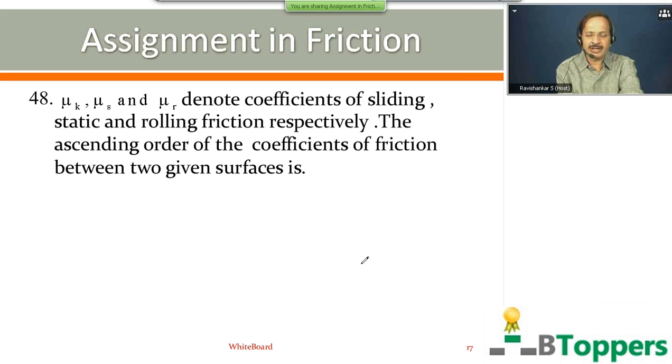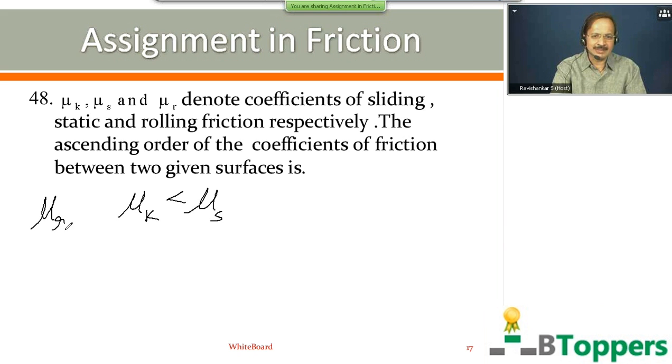Mu k, mu s and mu r denote the coefficients of sliding, static and rolling friction respectively. The ascending order of the coefficients of friction between the two given surfaces is. As already discussed, the coefficient of kinetic or sliding friction is less than the coefficient of static friction, and the coefficient of rolling friction is less than the coefficient of sliding or kinetic friction.